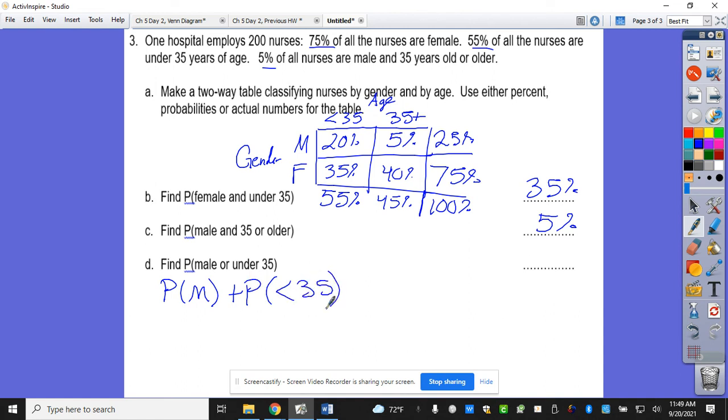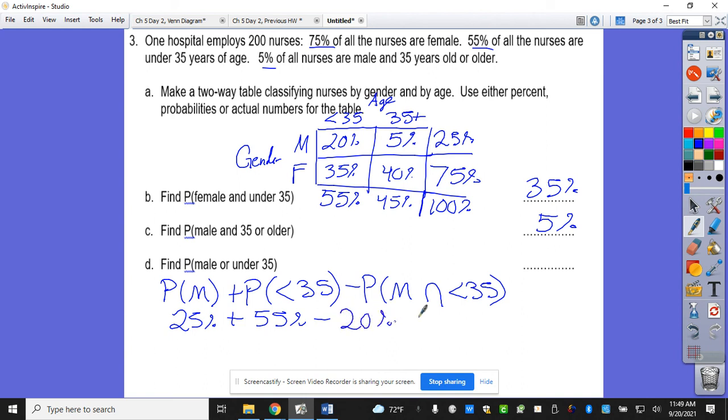Are those mutually exclusive? No, which means I have to subtract probability that it's and. So probability that they're male is 25%. Probability under 35 is what? 55% minus 20%, which gives me 60%.